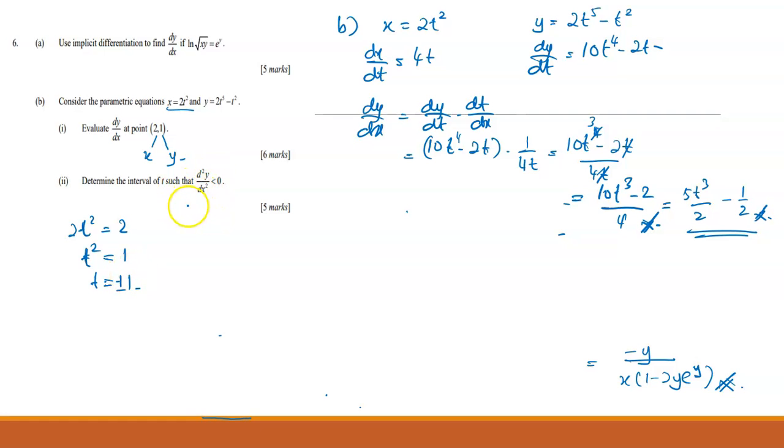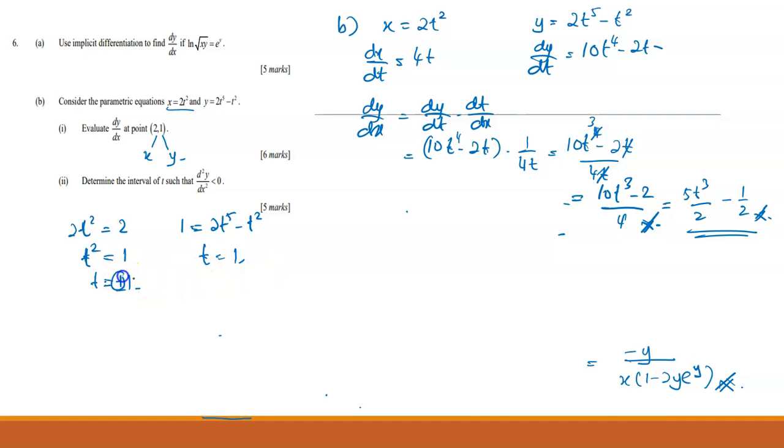And then when y equals 1, so 1 equals 2t to the power of 5 minus t squared, and it gives you t equals 1.